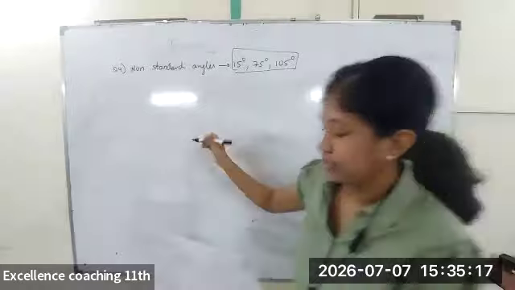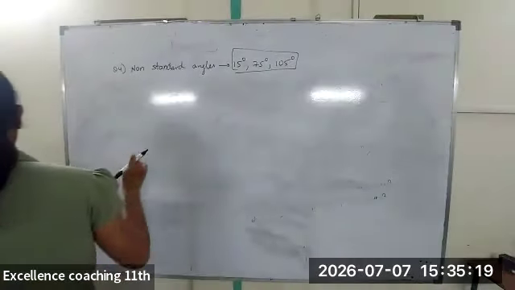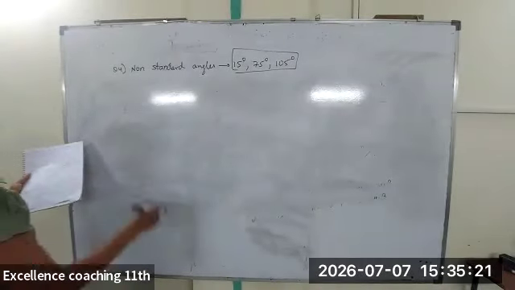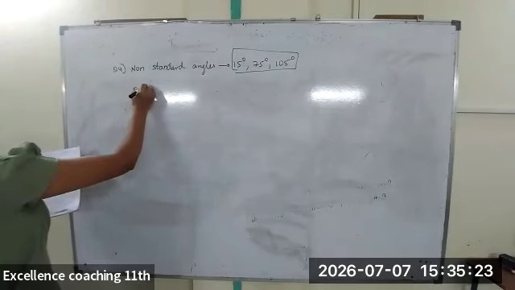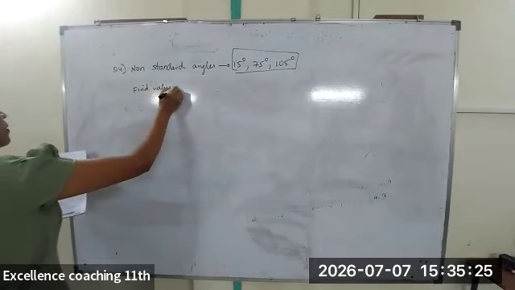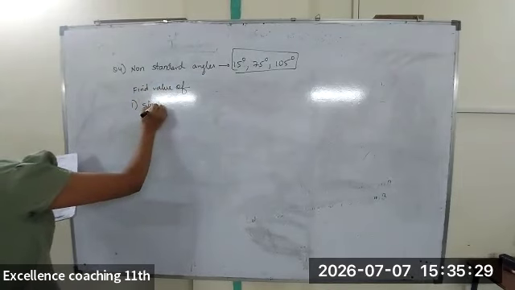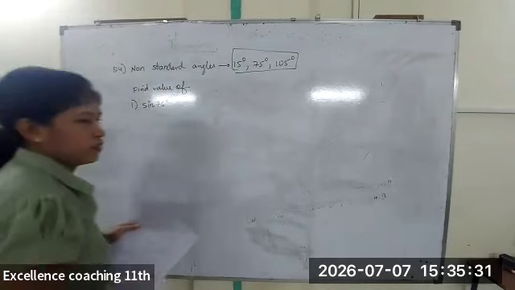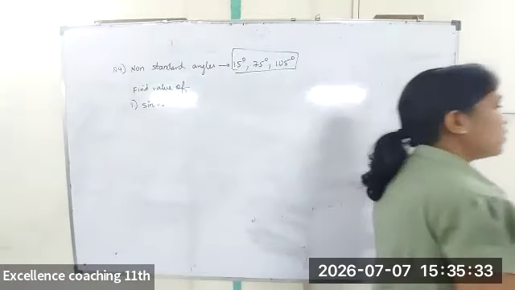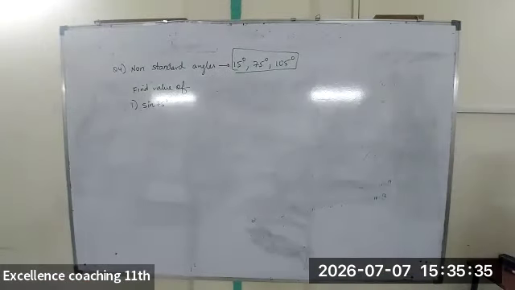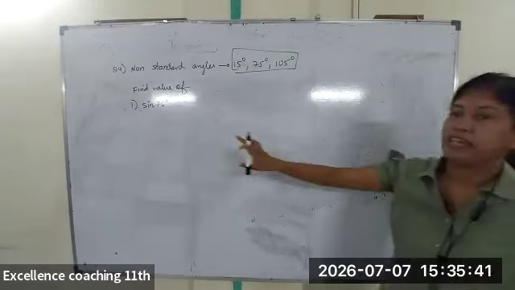Now how it comes, the question can come as find the value of, they will not specify non-standard, just find the value of, suppose we want to find sine of 75, and from the trigonometric table we do not have any 75 angle. So we have to split this in terms of standard angles.